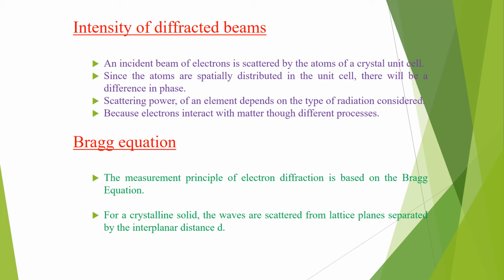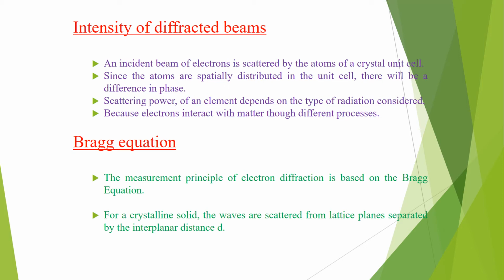Bragg's diffraction occurs when electromagnetic radiations or subatomic particle waves with wavelength comparable to atomic spacing are incident upon a crystalline sample, and they are scattered by the atoms in the system and undergo constructive interference.